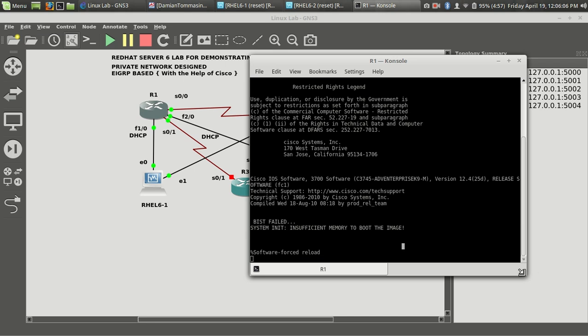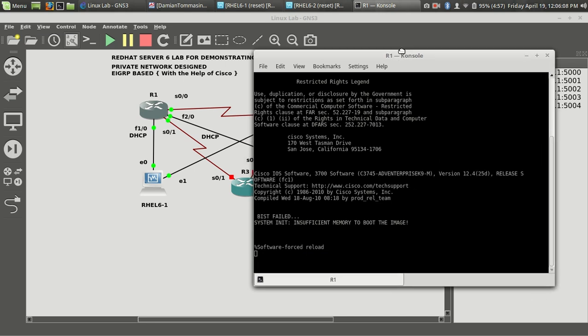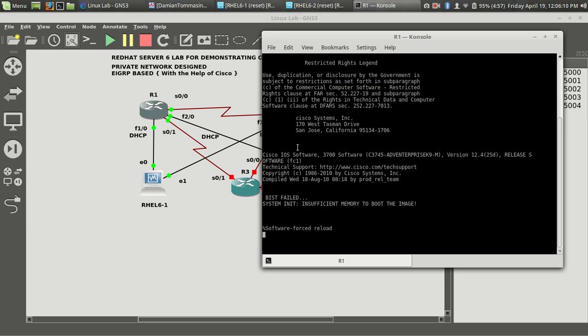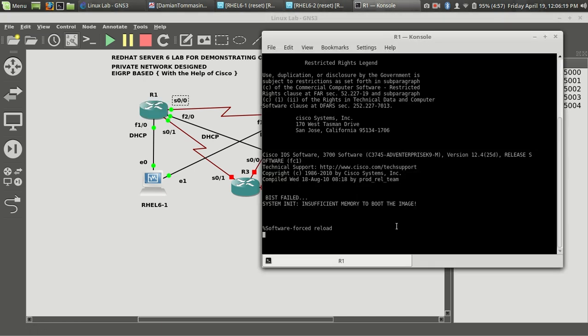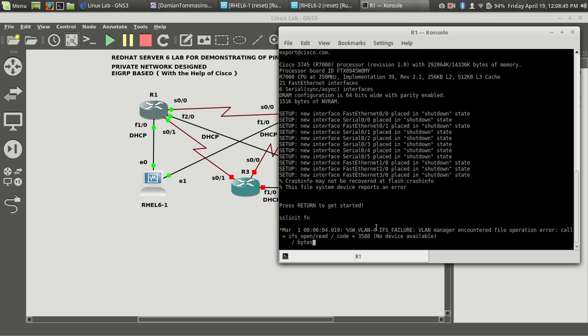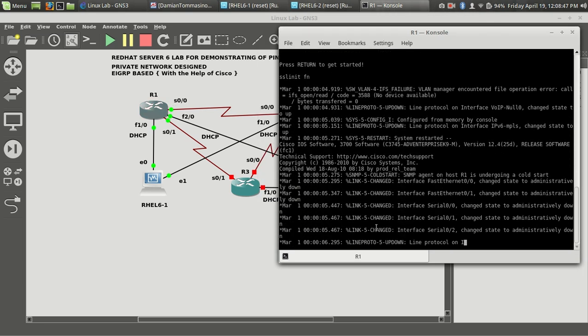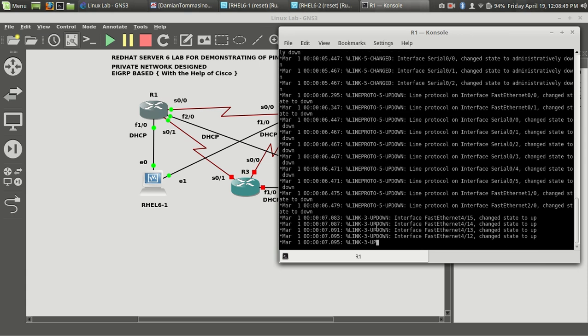My router is going to boot. As you can see, my router has FastEthernet 1/0, Serial 0/0, and FastEthernet 2/0. These are the interfaces. It may take some time. So friends, my router is booting.